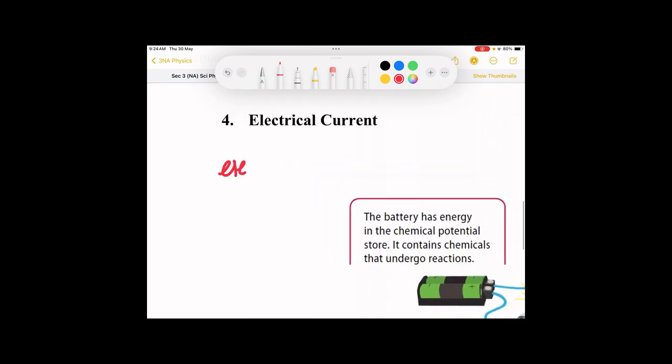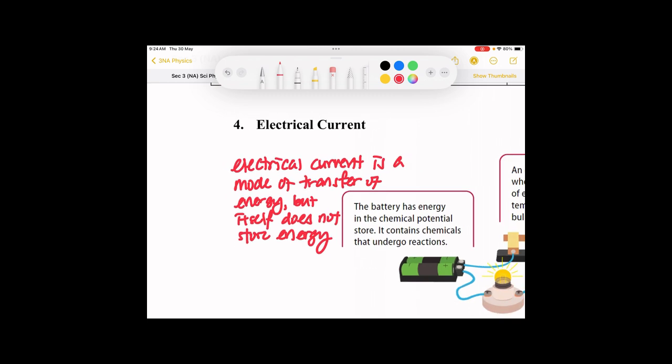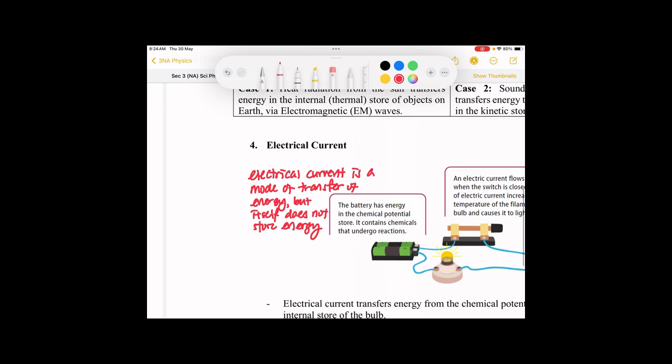Electrical current is now a mode of transfer of energy, but itself does not store. So it's just a way of transportation in a way, but it itself does not store energy.